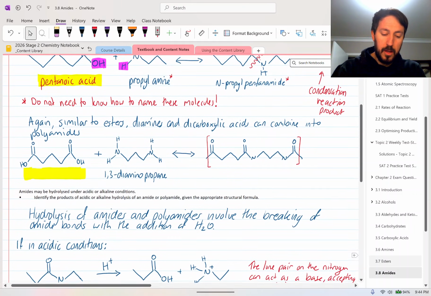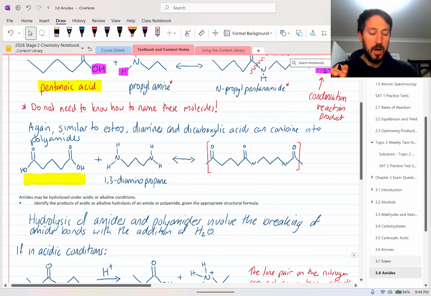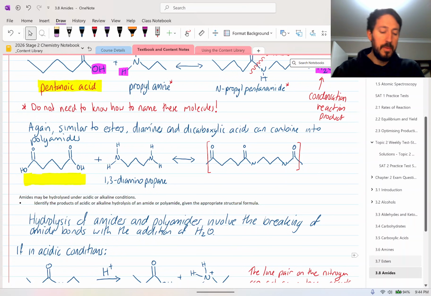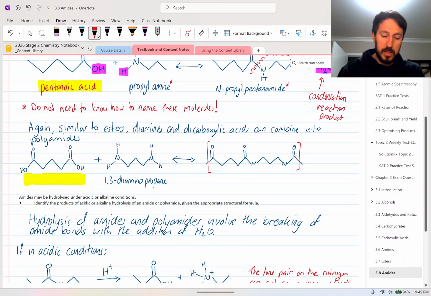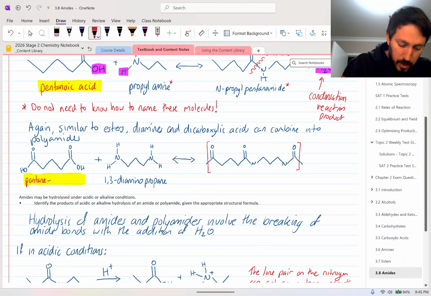So instead of just joining them together in one bond, if we take a diacid, so here I've got a chance to name this one here. So we have 1, 2, 3, 4, 5 carbons. So this will be pentanedioic acid.